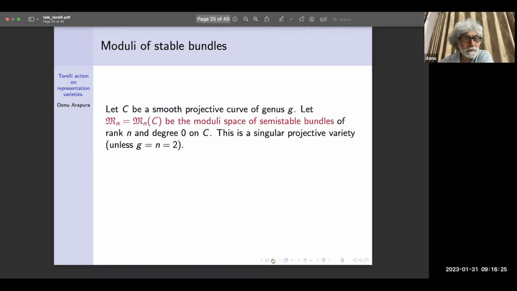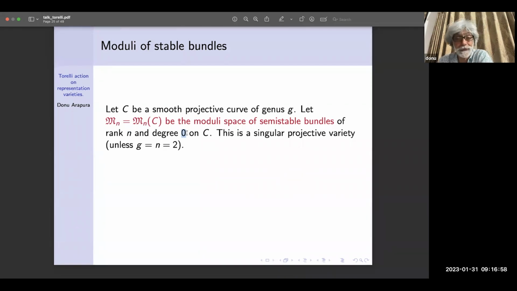All right. So again, I'm going to throw in some notation. There's a fancy looking M, N, or MNC if I want to specify C. This is the moduli space of semi-stable bundles, whose definition maybe I should have recalled, but I didn't write it down, of rank n and degree 0.